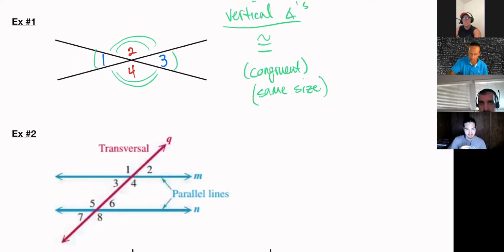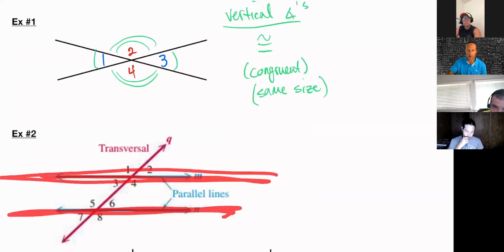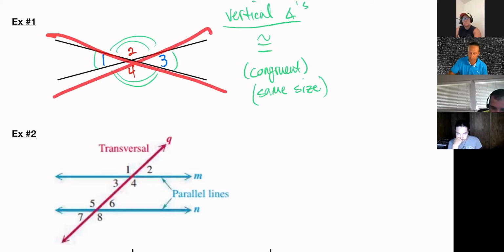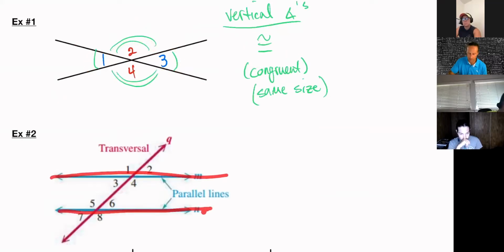What if I had 2 what are called parallel lines, meaning if we were to extend them out around the world, they would never intersect or touch. But rather than just having 2 lines that do intersect at a point and creating those 4 congruent pairs, 1, 2 there, and 1, 2 there, what if I have these parallel lines, but this other thing called a transversal that intersects both of those?